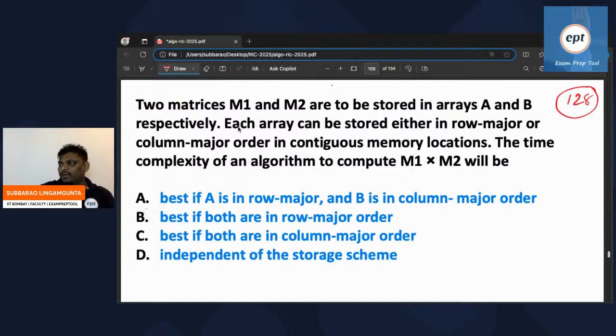So I will read it once. Two matrices M1 and M2 are to be stored in arrays A and B respectively. Each array can be stored either in row major or column major order in contiguous memory locations. The time complexity of an algorithm to compute M1 and M2 will be: best if A is in row major and B is in column major, best if both are in row major, best if both are in column major, or independent of the storage system.